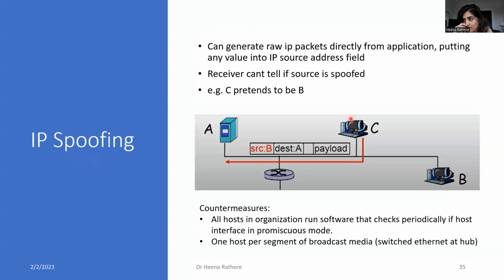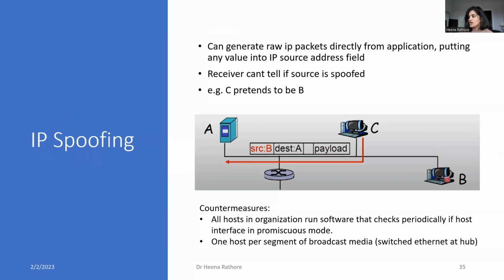Another kind of attack that can happen when you transmit packets from one network to another is IP spoofing, where the attacker in between can spoof itself as the destination.